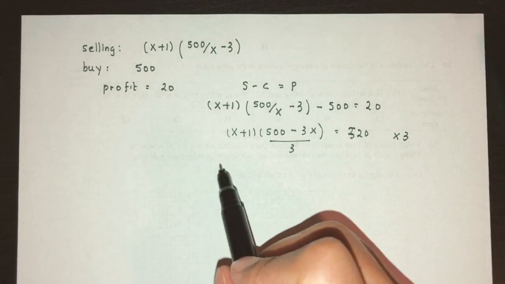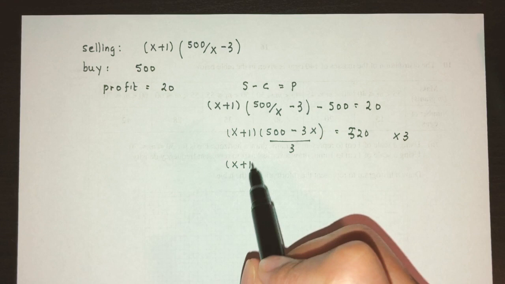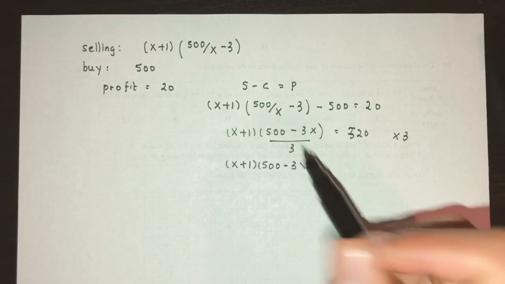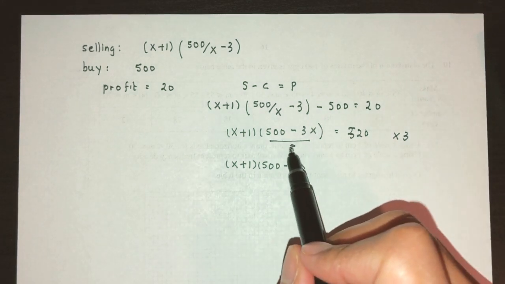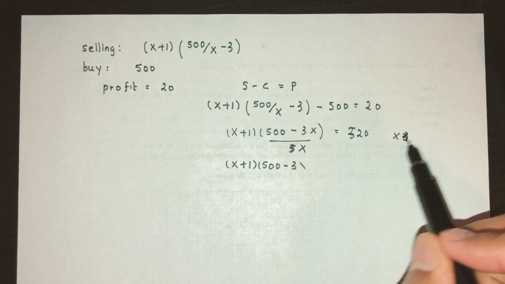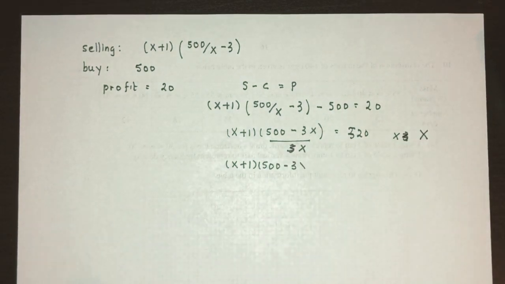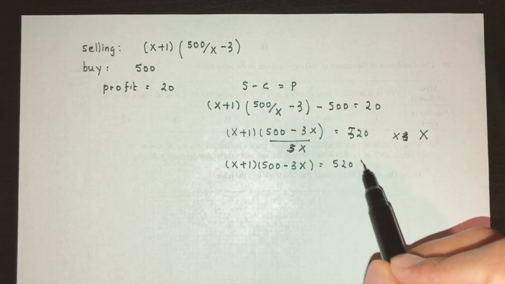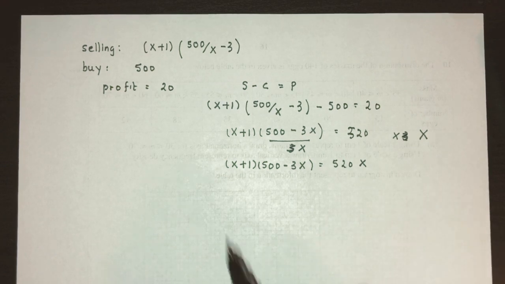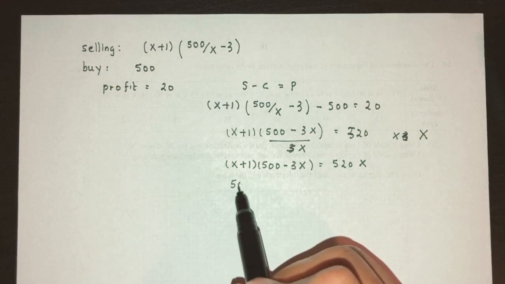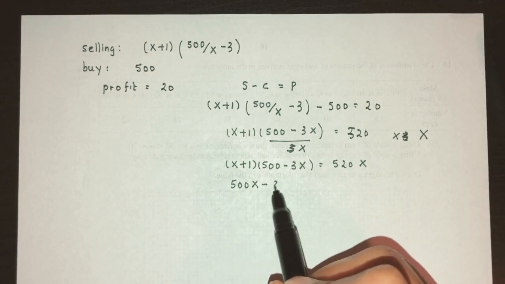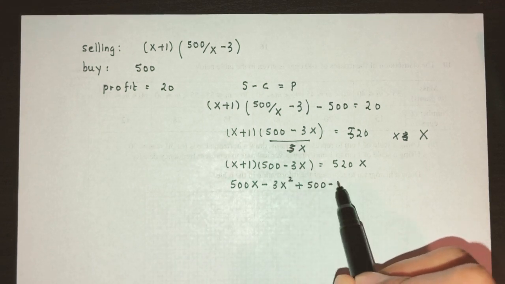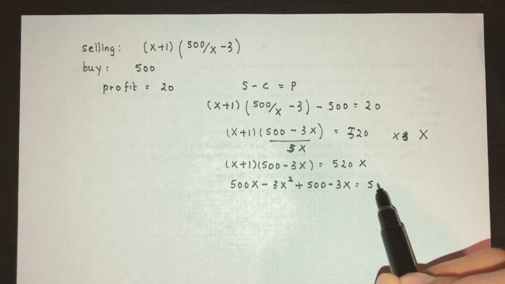You will have x plus 1 times 500 minus 3x equal to 520x. Now simplify. This time this will be 500x minus 3x squared and plus 500 minus 3x is equal to 520x.